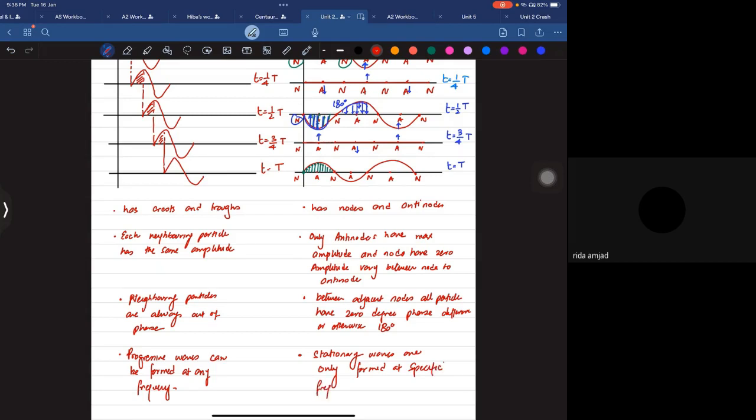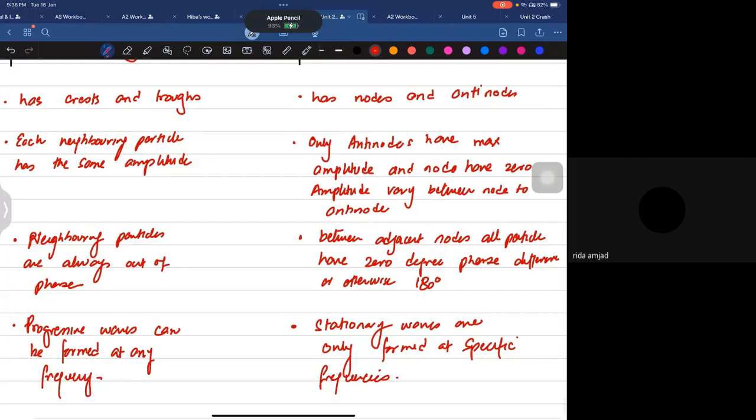And we're going to talk about that in a bit. So you can write this down, please, these differences, and then we shall go forward.